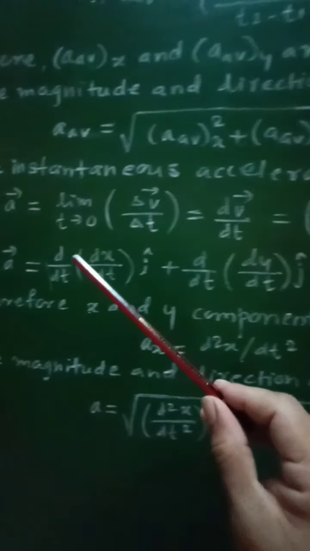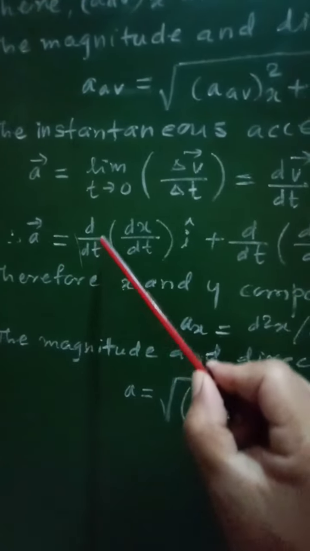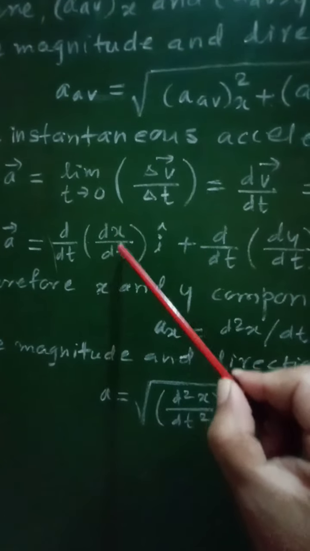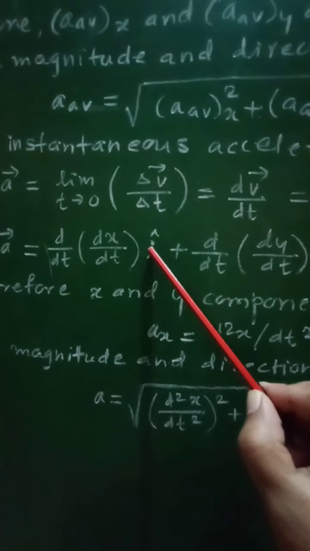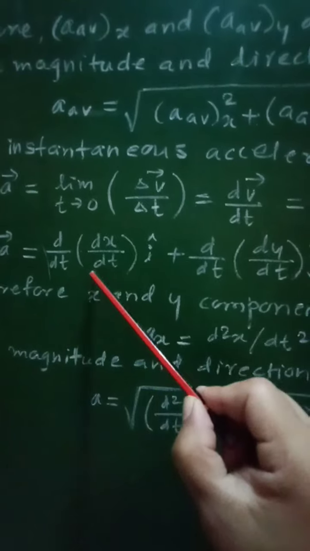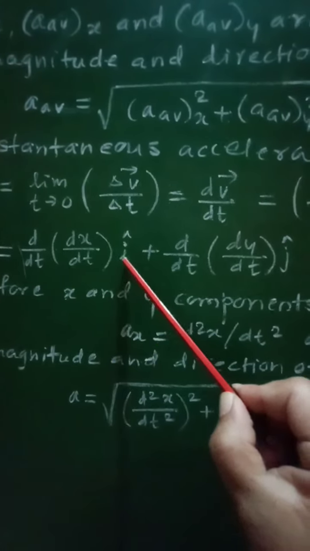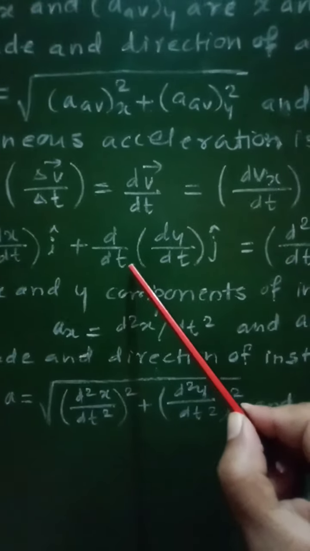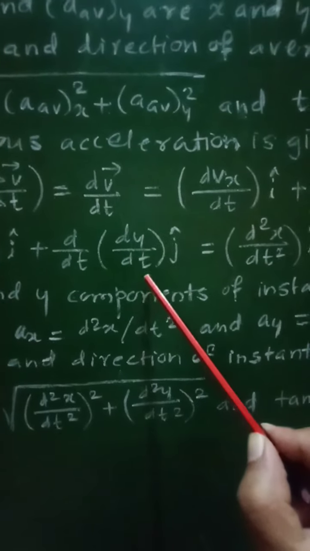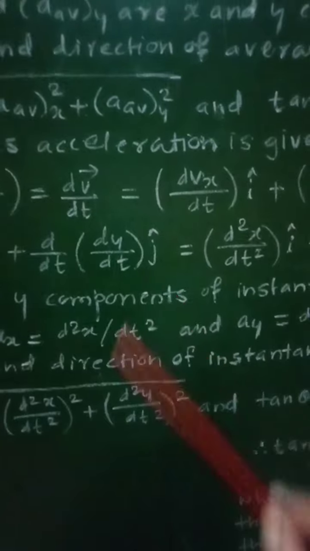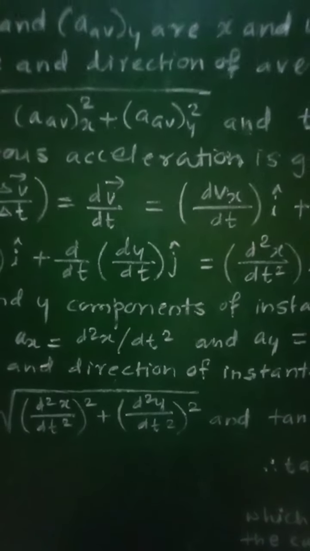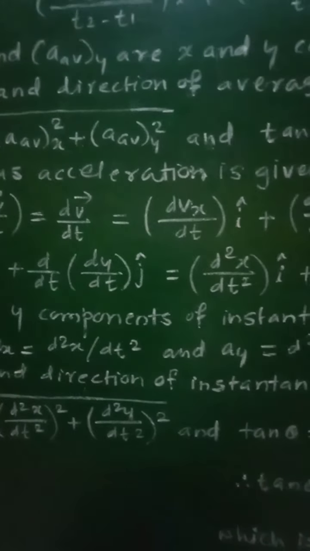Therefore we can write acceleration a equal to d by dt of dx by dt i cap, that is derivative of this velocity, plus d by dt of dy by dt j cap. So in terms of displacement, that velocity is expressed.